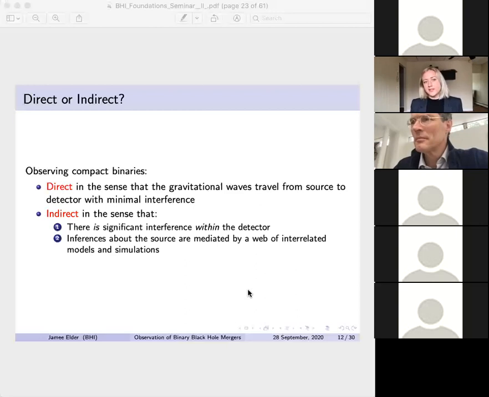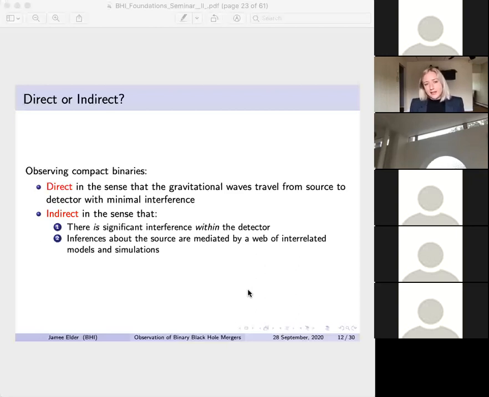But there's also some senses in which it's pretty indirect. So first of all, of course, there's significant interference with the signal within the detector. The output data is extremely noisy. And also when you consider the calibration modeling and the calibration uncertainties, the sense in which the data reflects the parameters of the source system is a little bit more messy.